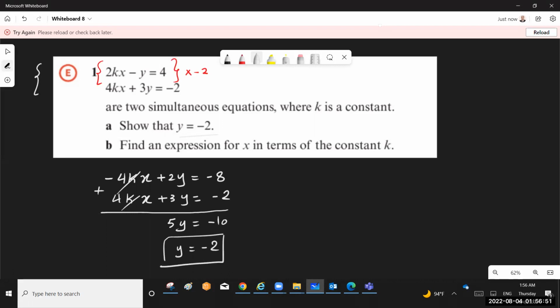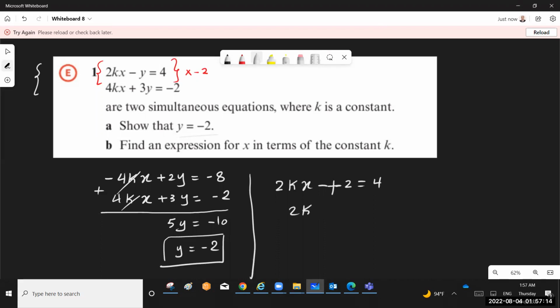Find an expression for x. After knowing the value of y, you can substitute in one of the equations, the easiest one. If you go to the first equation, you have 2kx minus y is equal to 4, with y equal to -2, so this is really plus 2.